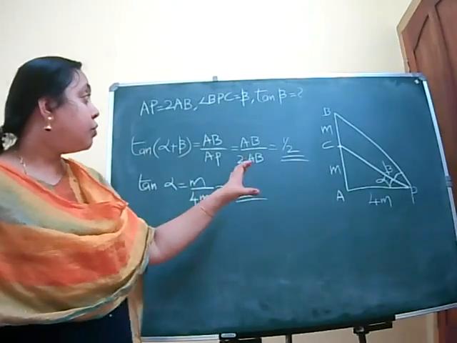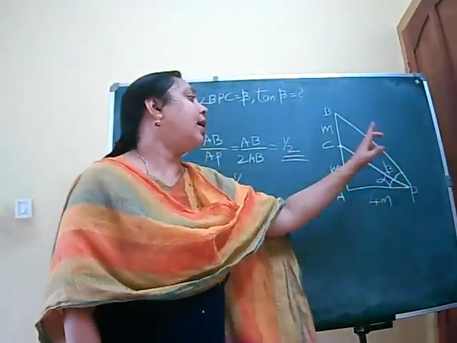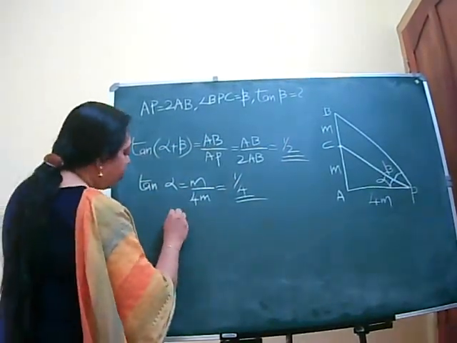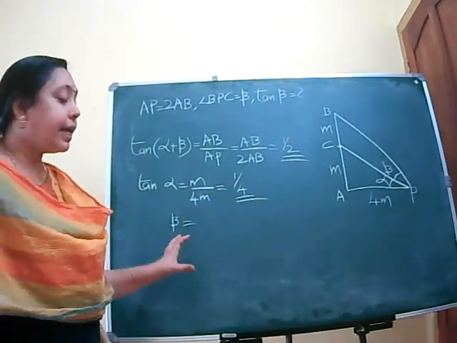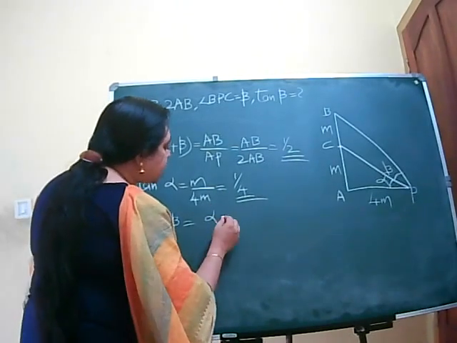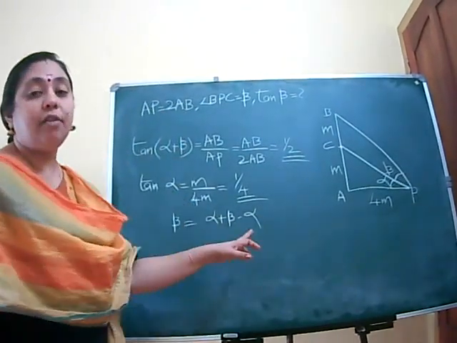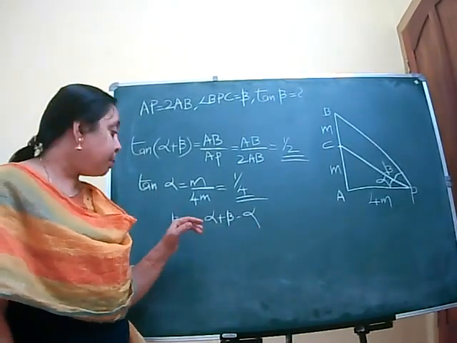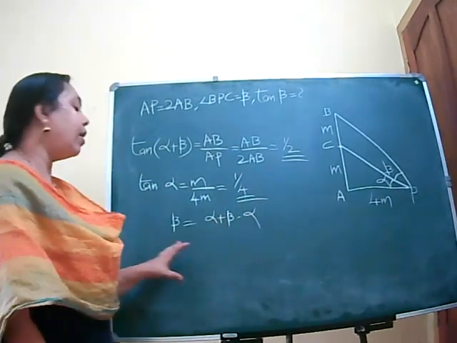Now we have to find the tangent of the angle beta, that is tan beta. We can just rearrange beta as alpha plus beta minus alpha.